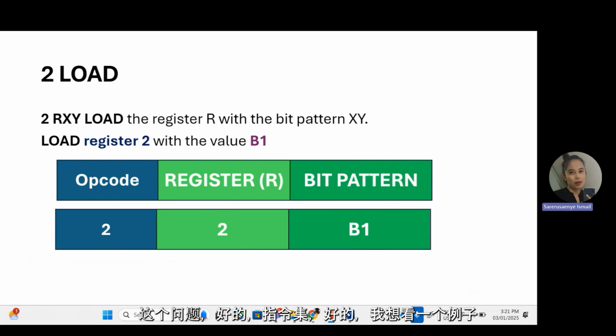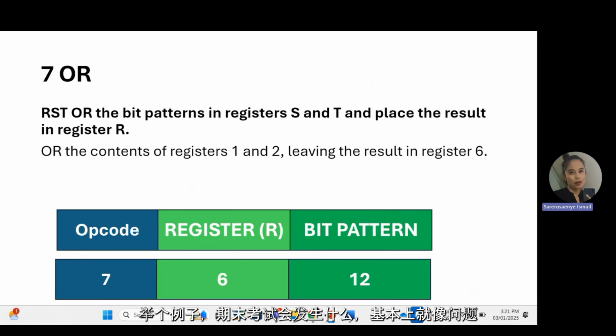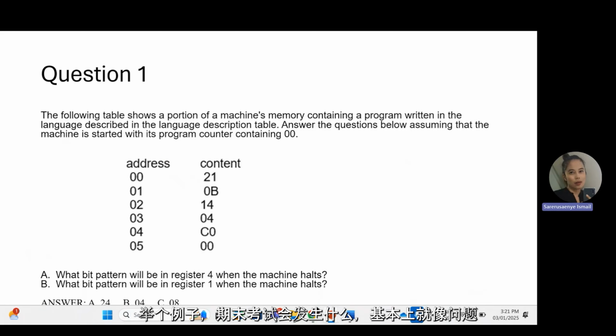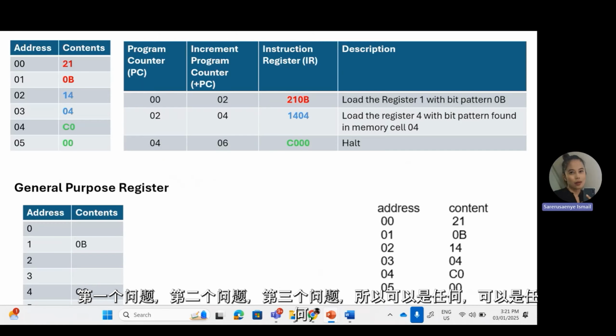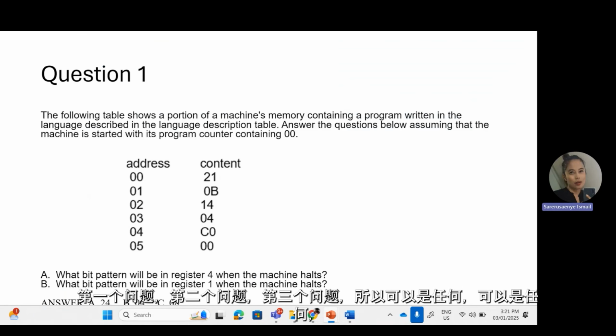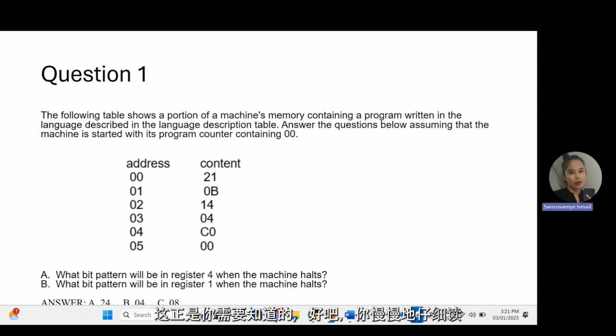All right, let's take a look at an example of a question we'll have in the final exam. It can be question number 1, question number 2, or question number 3, it can be any. Read the question slowly and carefully.